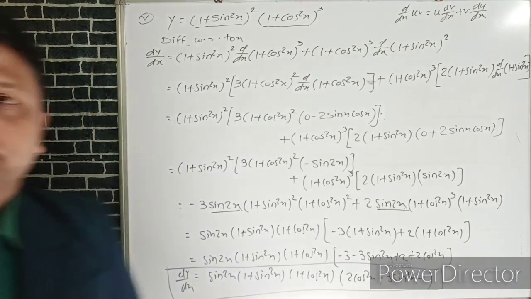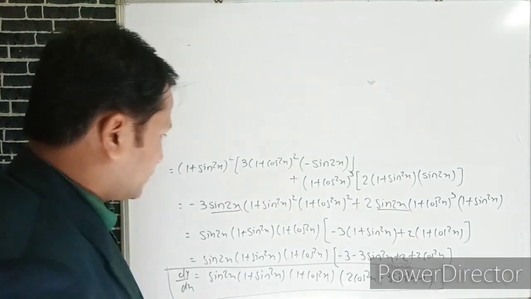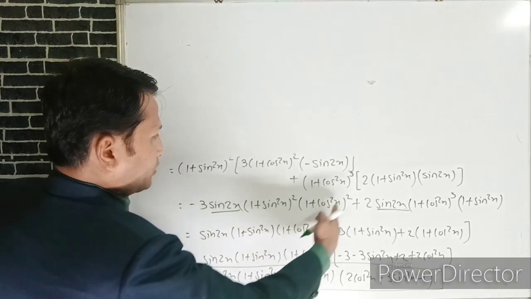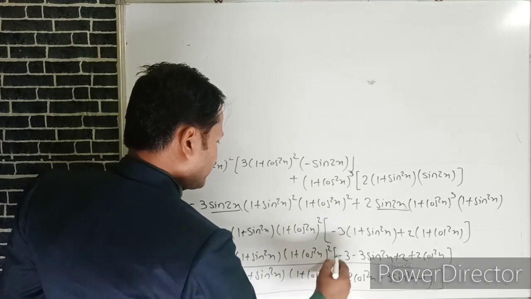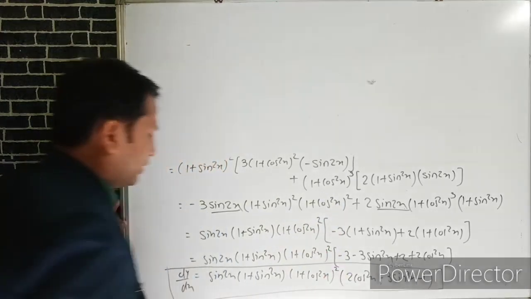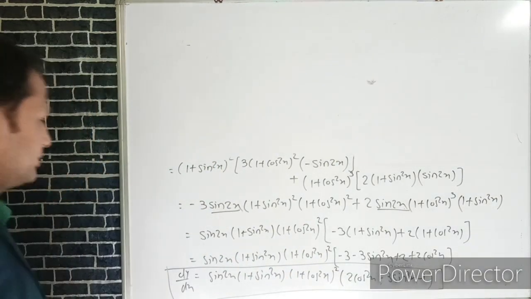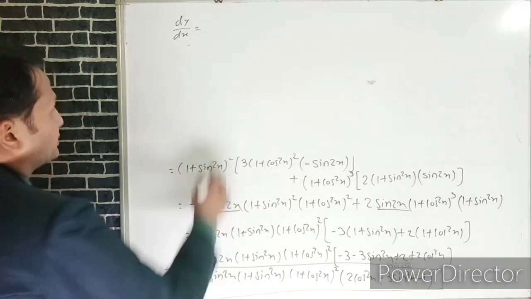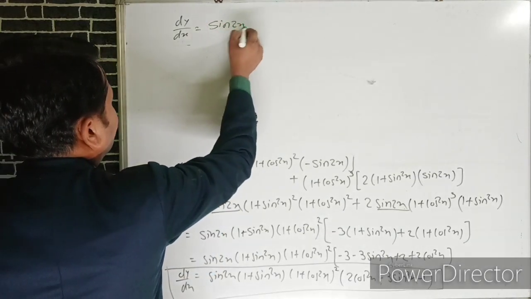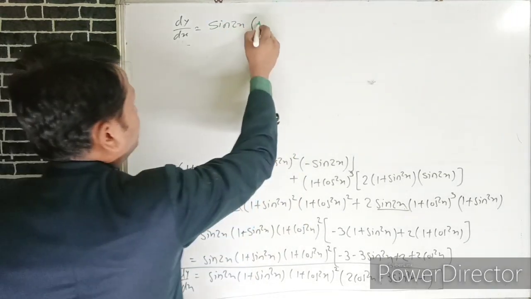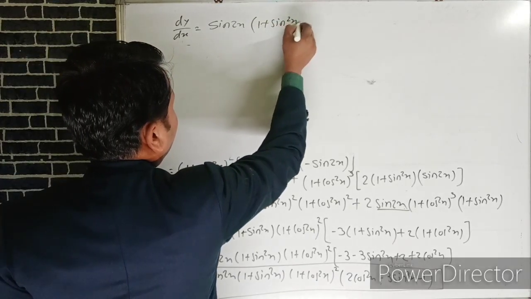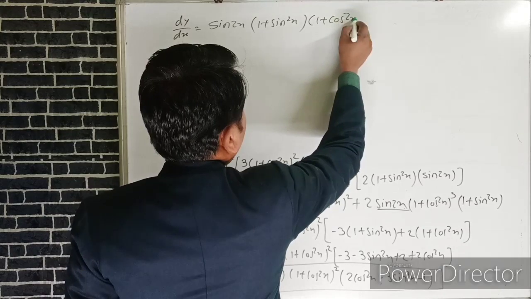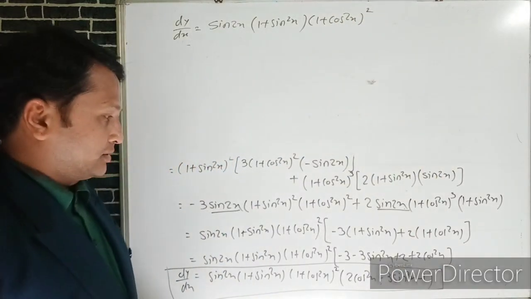dy upon dx. It is a 1 plus cos square x whole bracket square. We can also write it again, dy by dx is equals to sin 2x as it is, 1 plus sin square x as it is, 1 plus cos square x whole bracket square as it is.